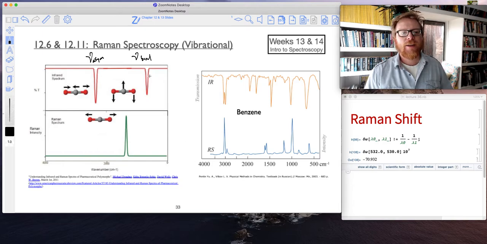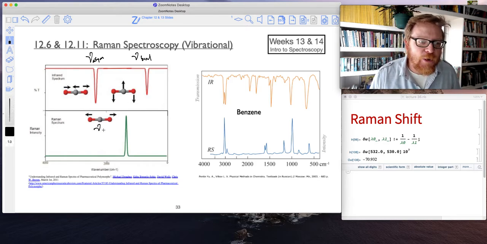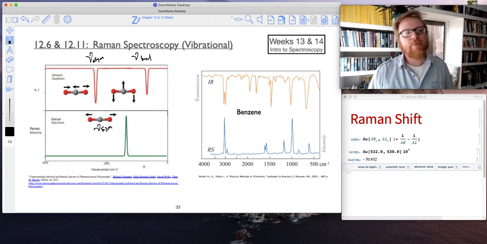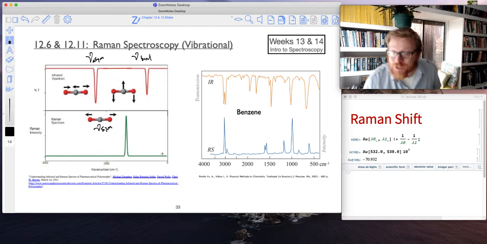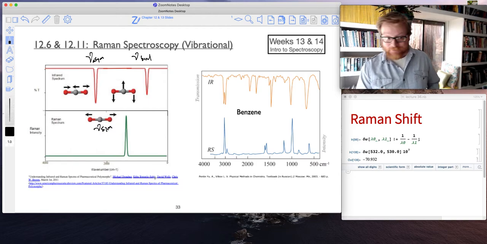As it turns out, neither of those modes are Raman active because they don't disturb the electronic environment enough. However, the symmetric stretch is Raman active.